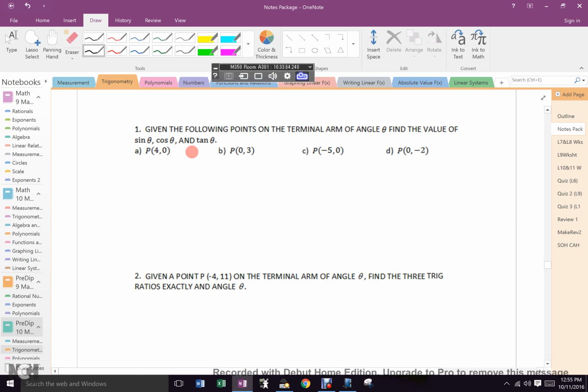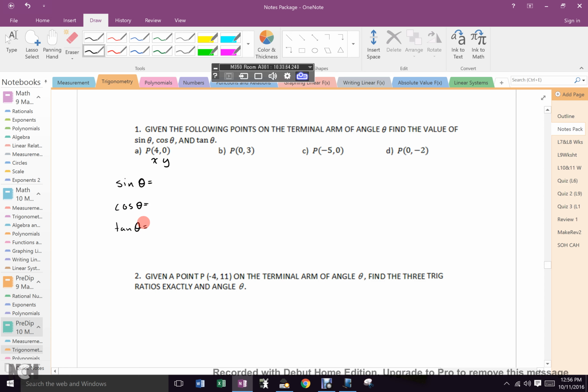Now, you guys already can do this. You can do SOHCAHTOA now without a triangle. Because what is this? That's X and that's Y, isn't it? So what is the sine of this theta? Cos of theta and tan of theta.